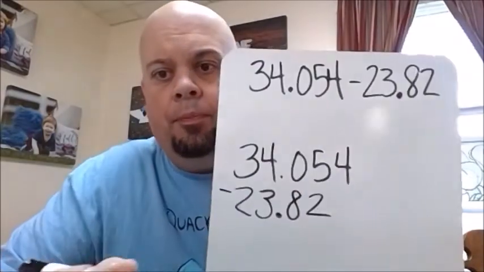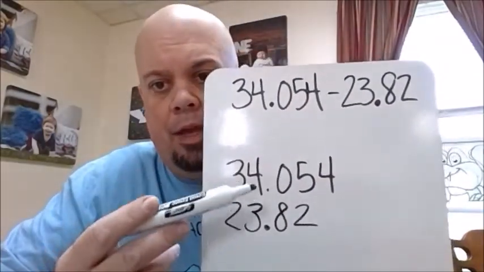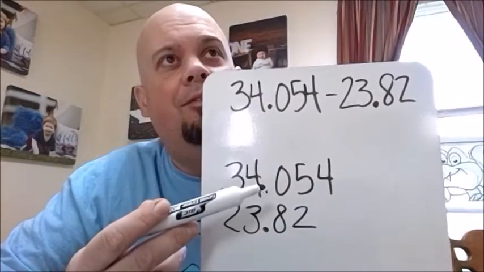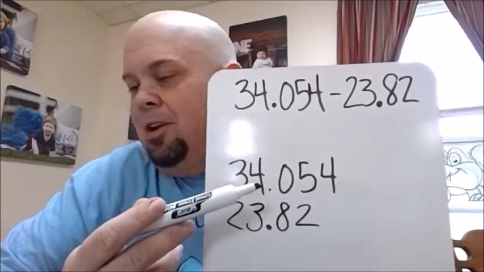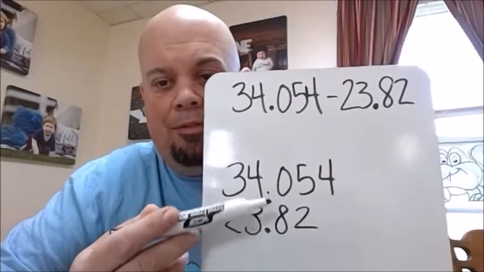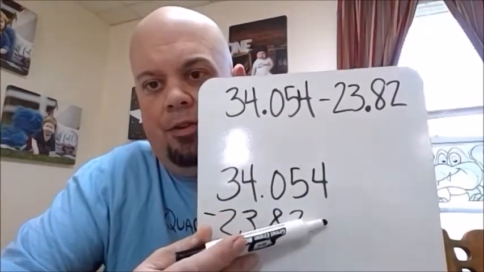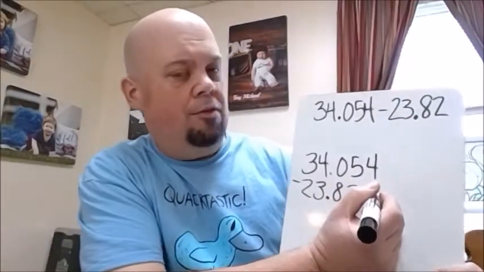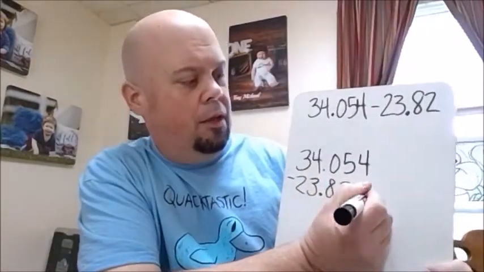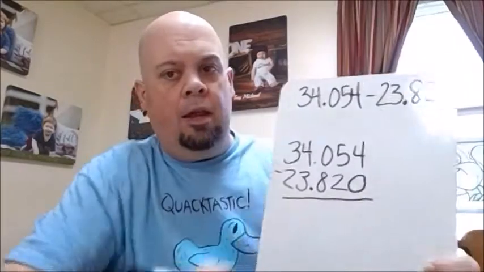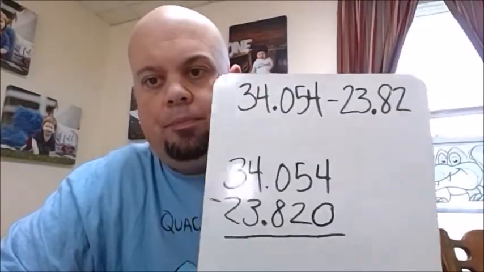Now notice that I lined up tens with tens, ones with ones. Oh yeah, Trey? You lined up your decimal points, then you have tenths, hundredths, and thousandths. You don't have anything here. To fix that, you simply put in a 0, and now you're ready to subtract.